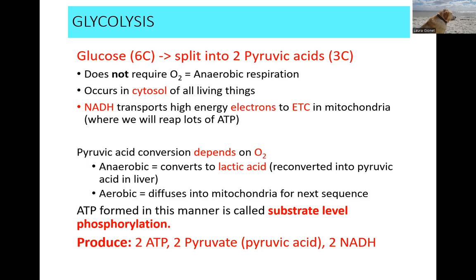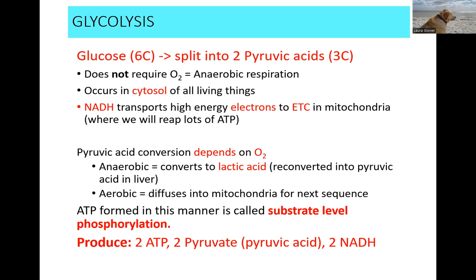And then from here on out, we're going to follow these 2 pyruvic chains. So everything that's produced, we have to double because we have 2 3-carbon molecules instead of just 1 6-carbon molecule. Okay, so this first reaction does not require any oxygen, so it's considered anaerobic. Eventually, we're going to need the oxygen. It occurs in the cytosol of all living things.